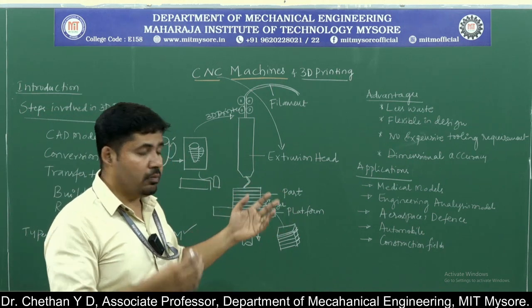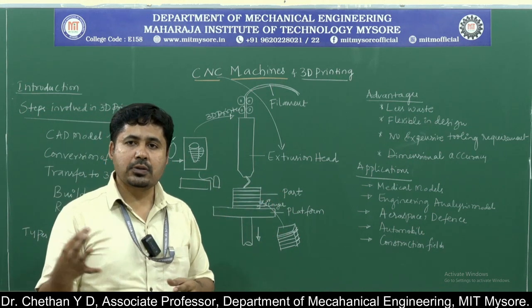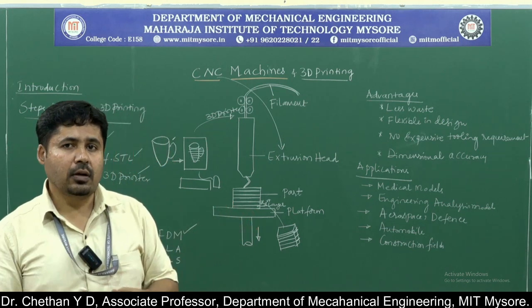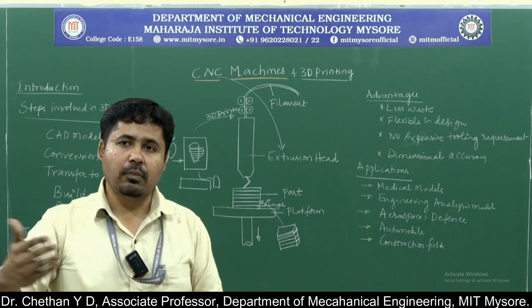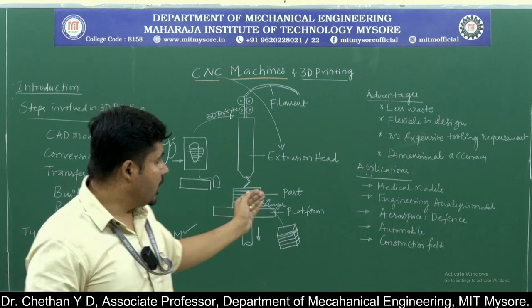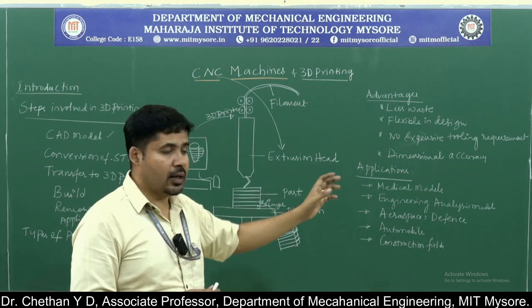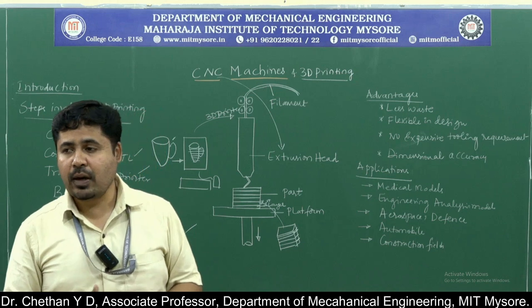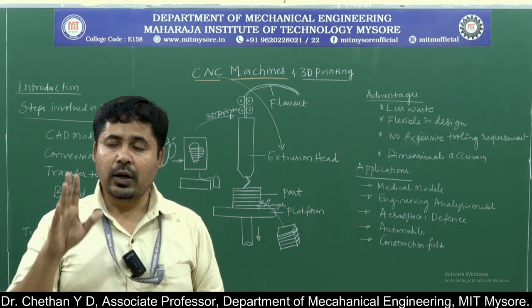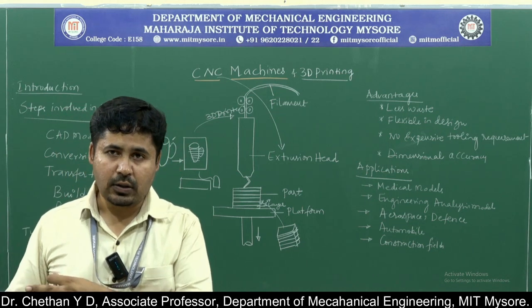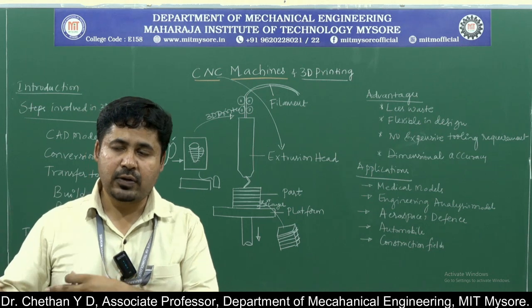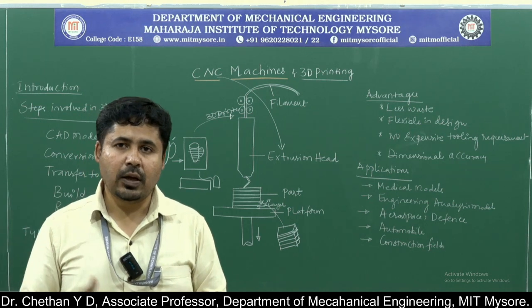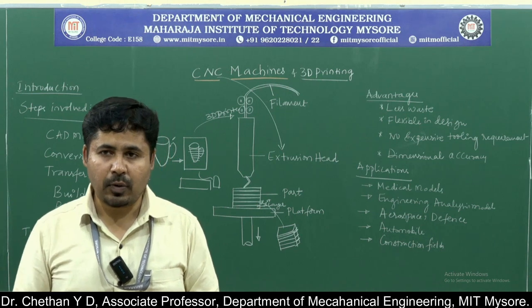Then similarly, you can make skull, or you can have some educational models to educate the medical fraternity and all. Then the next one comes to engineering analysis models. So analysis demands a lot of iterations. So iterations demand different physical models. If we keep on changing the physical model, definitely that attracts more money, manpower and machine requirement and all.